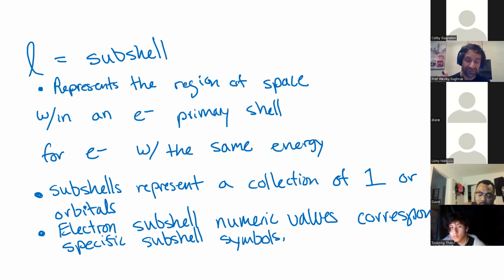Because this does become more complicated, the values gain their own symbols, which I know is going to make it more complicated, but we tried. We tried.